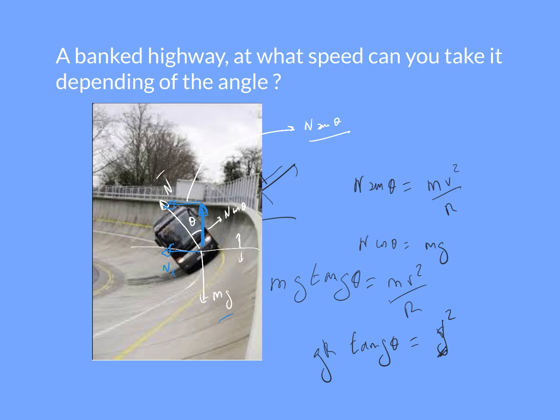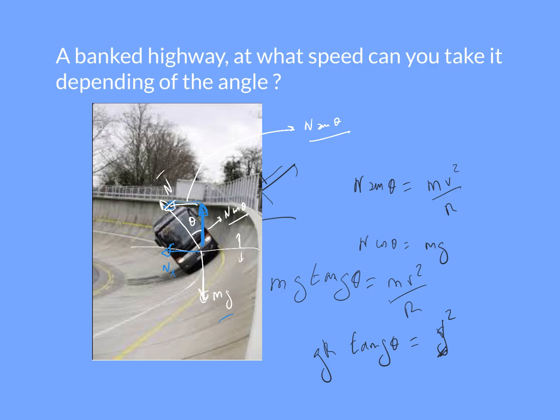So the N sine of theta will produce the acceleration going inwards to produce a circular motion, and the N cosine of theta will be cancelled with the mg that is going downwards.